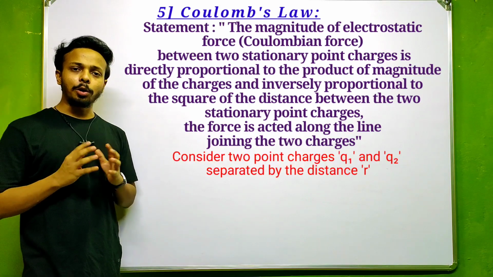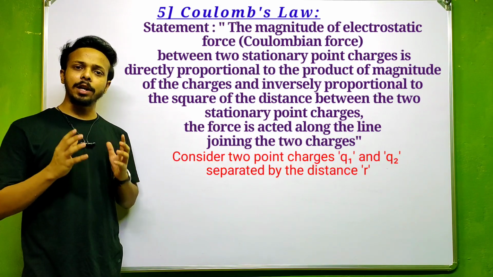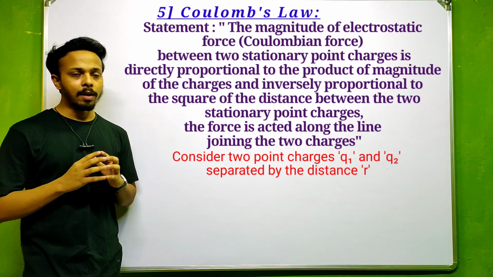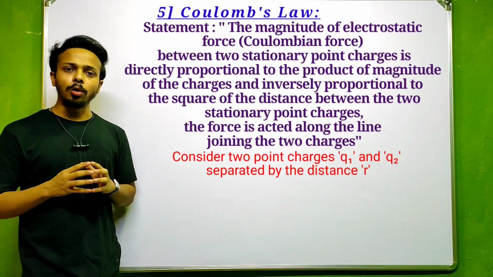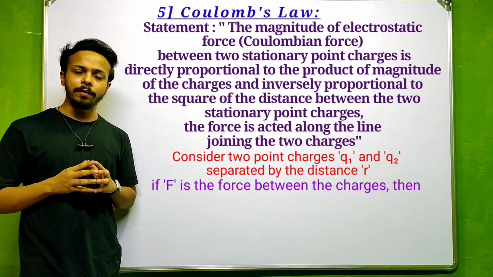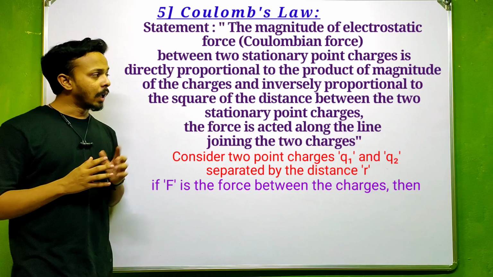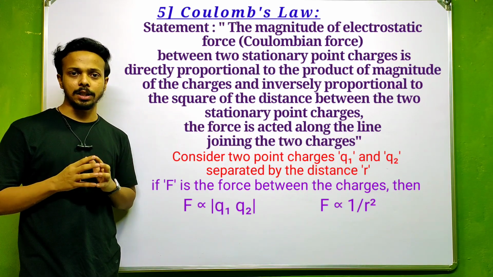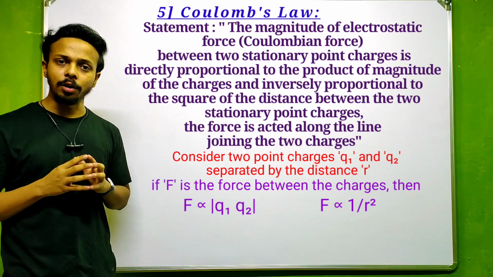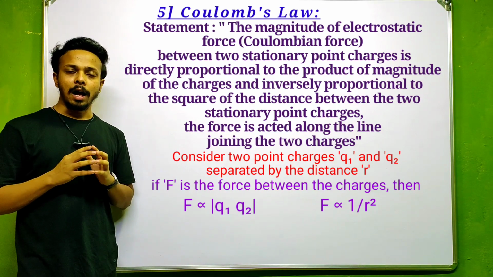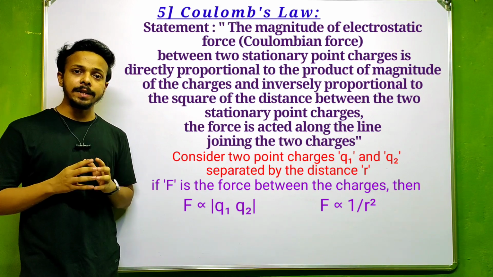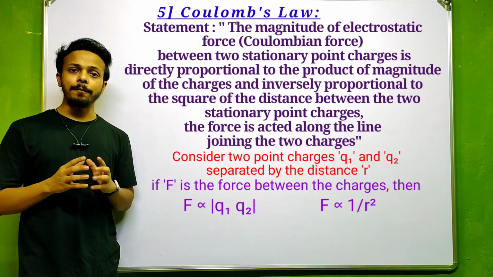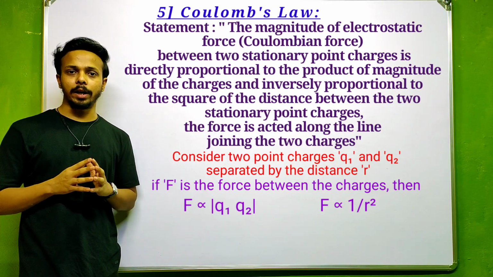Let us consider two stationary point charges Q1 and Q2. They are separated by a distance r. Now according to Coulomb's law, if F is the force between the two charges, then F is directly proportional to the product of the magnitude of the charges, that is F is proportional to Q1 Q2, and also F is inversely proportional to the square of the distance between them, that is F is proportional to 1 by r square.